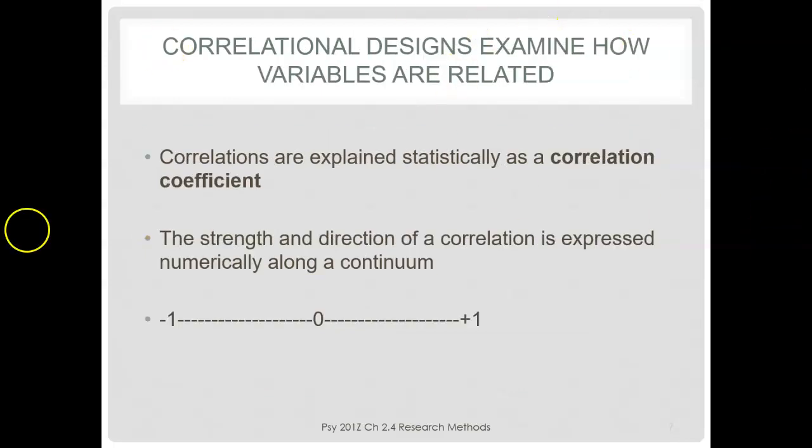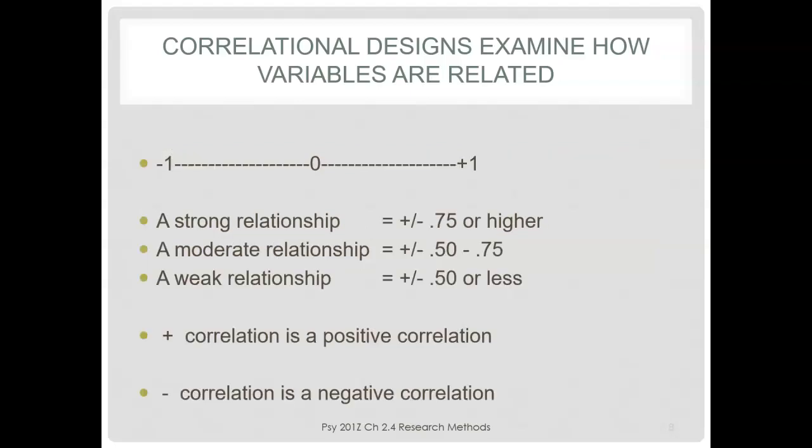Now, a correlational coefficient is a statistic that gives us information about the nature of the relationship between variables. So a correlational coefficient is expressed along a continuum from negative 1.0 all the way to positive 1.0. And the number, and I'll go more into this, just tells us about the type of relationship and the strength of the relationship.